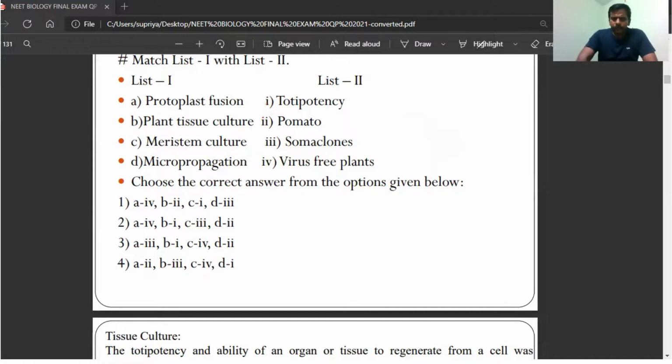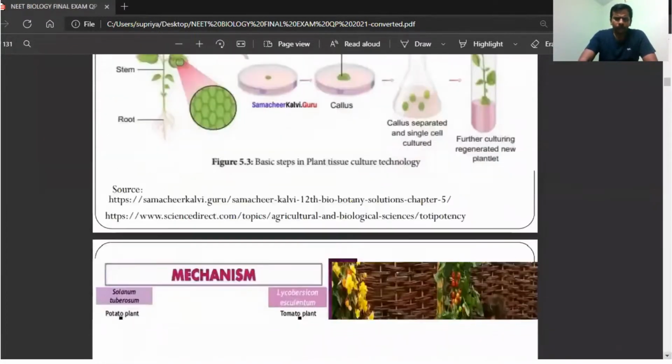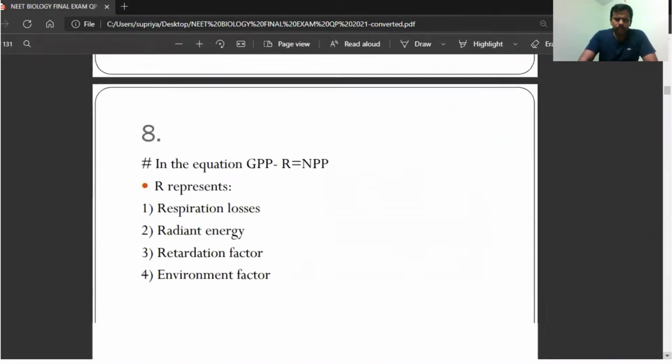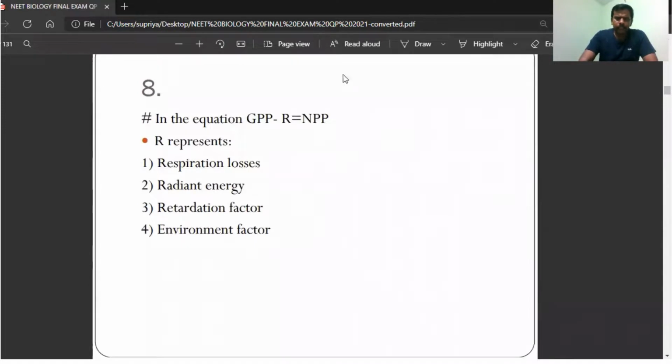See, another question, one more question. See here, in the equation GPP minus R equals NPP, in this question, what does R represent?